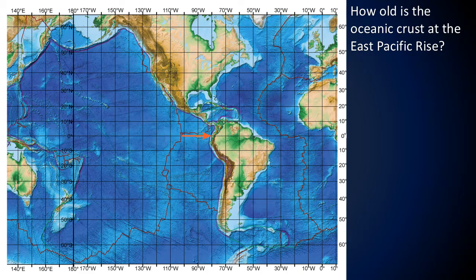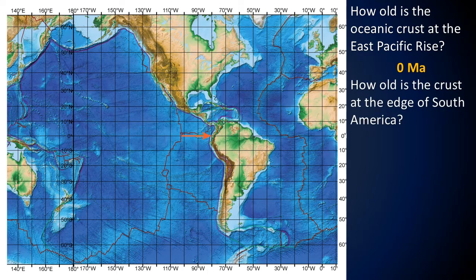How old is the oceanic crust at the East Pacific Rise? Yes, the oceanic crust is new at the East Pacific Rise, so it is 0 millions of years old, 0 Ma. How old is the crust at the edge of South America?